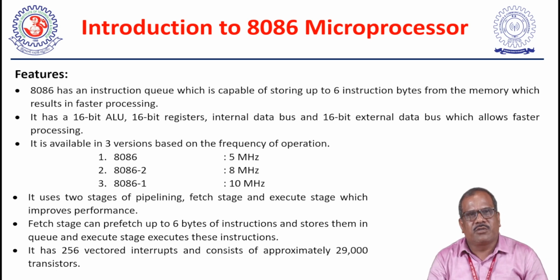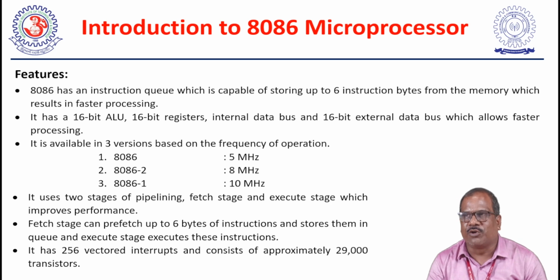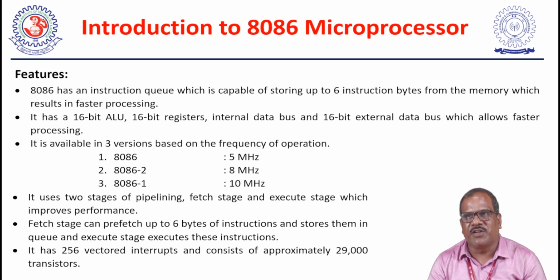In this microprocessor you can use the pipelining technique in 2 stages: the fetch stage and the execute stage. During the fetch stage, with pipelining you can prefetch instructions and store them in the instruction queue.